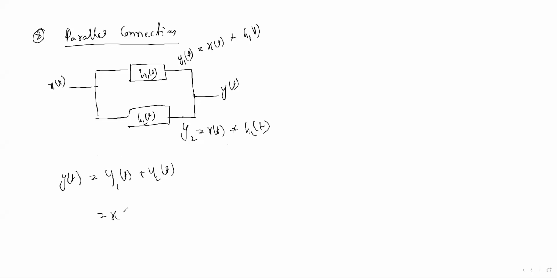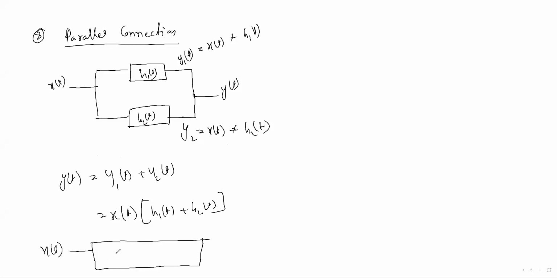If we sum up, you will get x(t) convolve h1(t) plus h2(t). Means if we connect in parallel, our impulse responses get summed up: h1(t) plus h2(t).